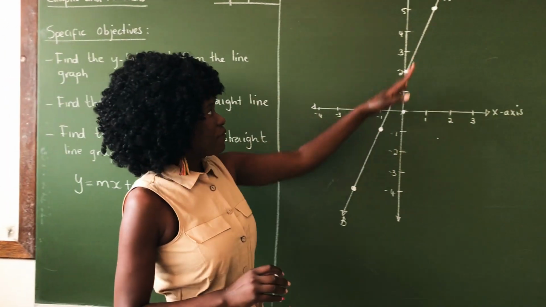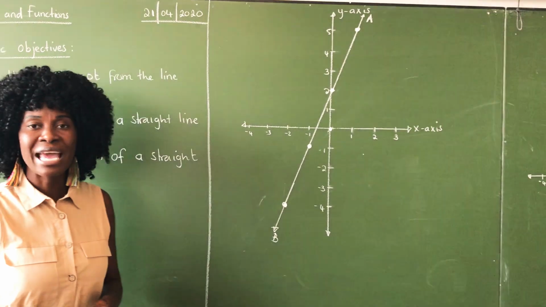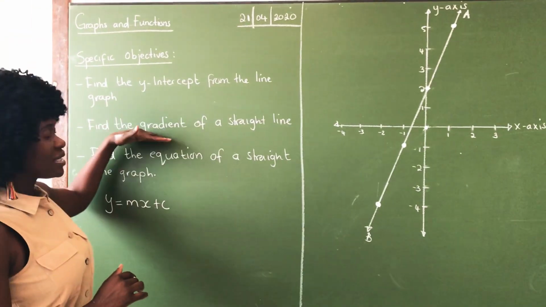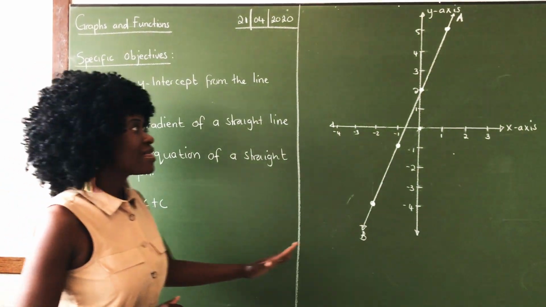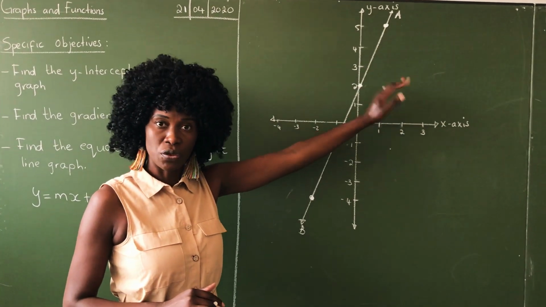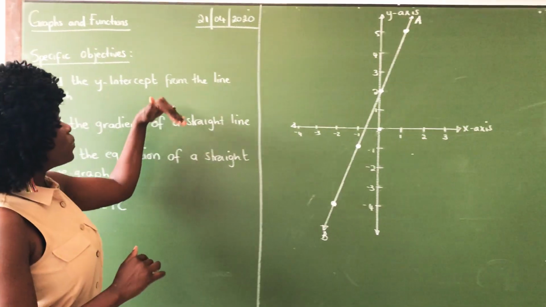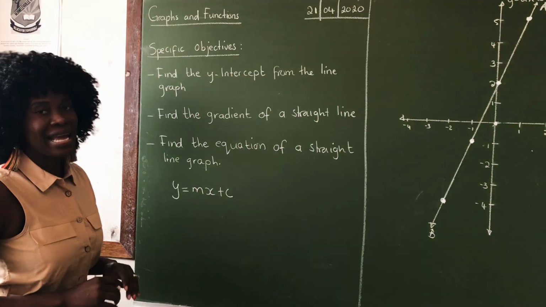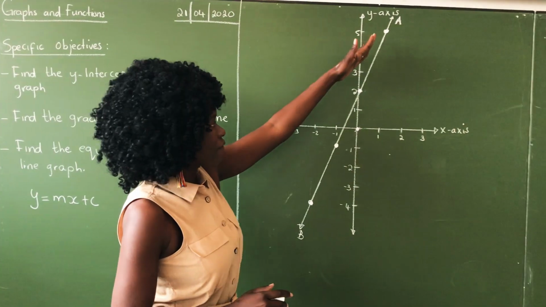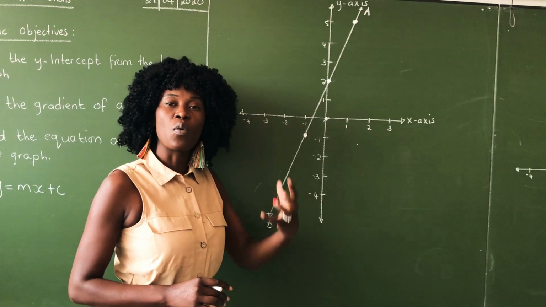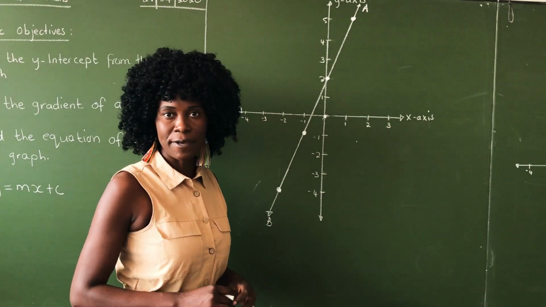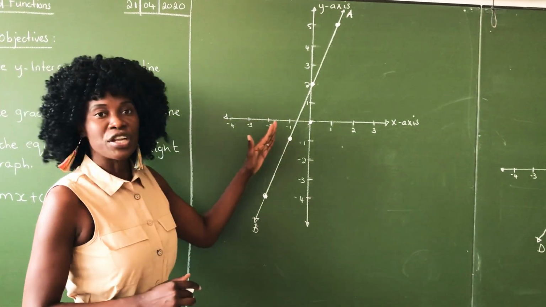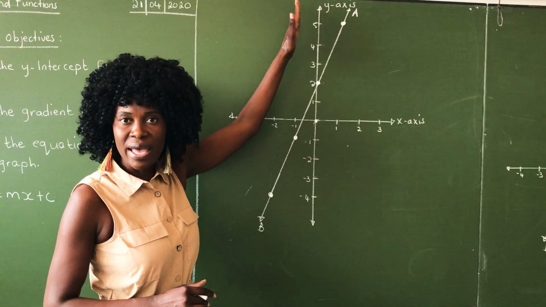Okay, so what I have here, I already have a line graph which is drawn for you. So in order for one to be able to answer these three specific objectives, the straight line graph must be provided to you. So the first objective says that we need to find the y-intercept from the line graph. When a line graph is already drawn for you, it's very easy to find the y-intercept, because all you have to do is look at the line graph and check where it meets the y-axis.